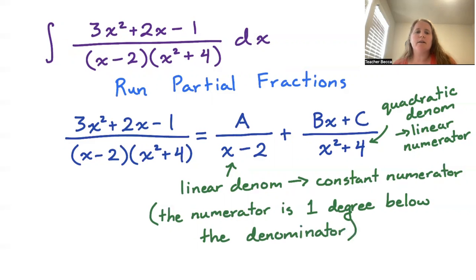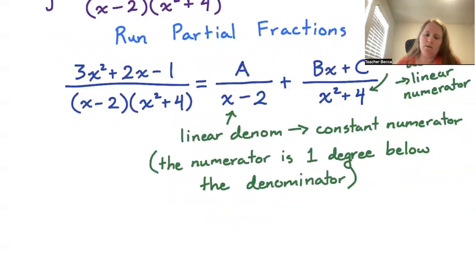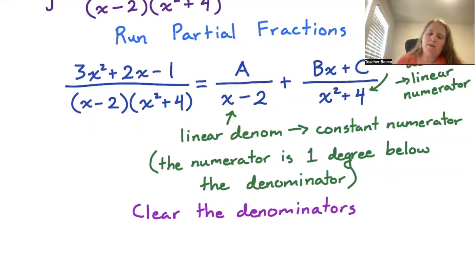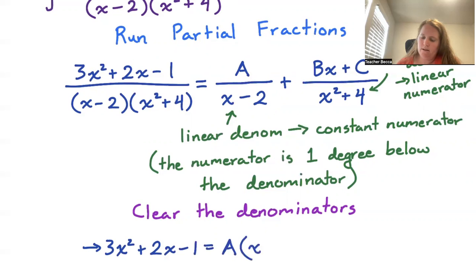Once again, we'll go ahead and clear the denominators. We wind up getting 3x squared plus 2x minus 1 is equal to a times x squared plus 4 plus bx plus c times x minus 2.